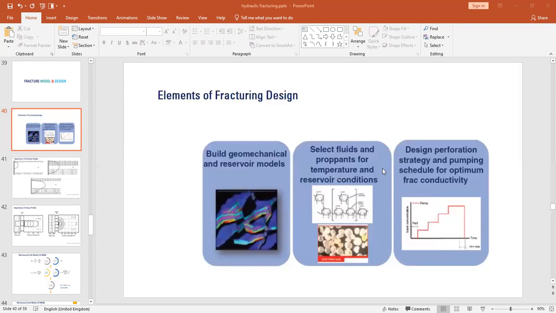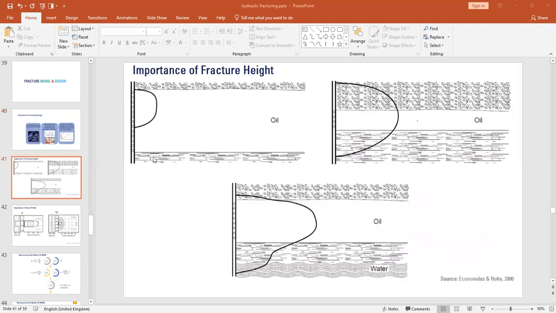But there are so many things that you have to be careful about. For example, we may not want to produce a frac that doesn't occupy the entire height of the reservoir. If in the course of modeling or designing, your model or your design is wrong, at the end of the day, you may produce a frac that doesn't occupy the entire reservoir and it becomes a problem.